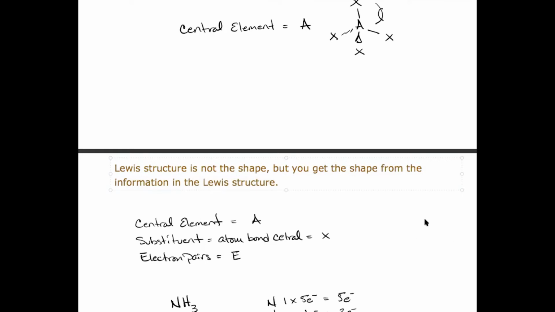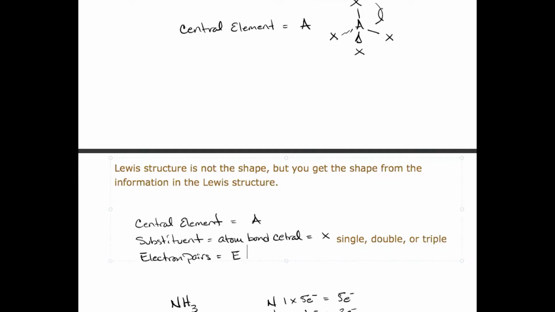And so what you do is you analyze your Lewis structure, and the central element is given the A, and any substituent atom is given an X. For the X, it doesn't matter how many bonds, single bond, double, and the maximum we saw is a triple bond. Whether it's a double, single, or a triple bond, it's just an atom bond created. Single, double, or triple is the same.